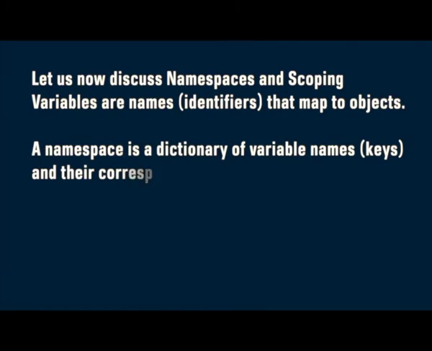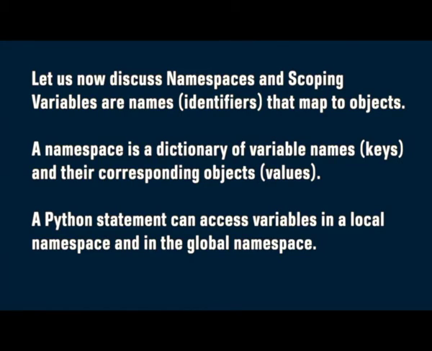Let us now discuss namespaces and scoping. Variables are names, otherwise called identifiers, that map to objects. A namespace is a dictionary of variable names, what we call keys, and their corresponding objects or values. A Python statement can access variables in a local namespace and in the global namespace.